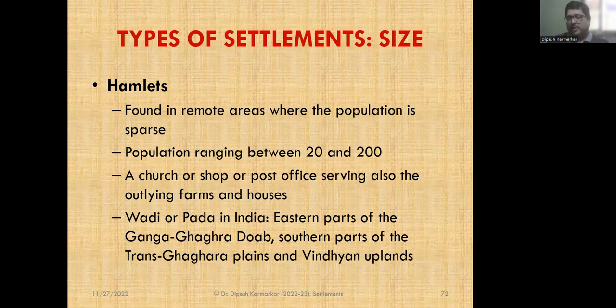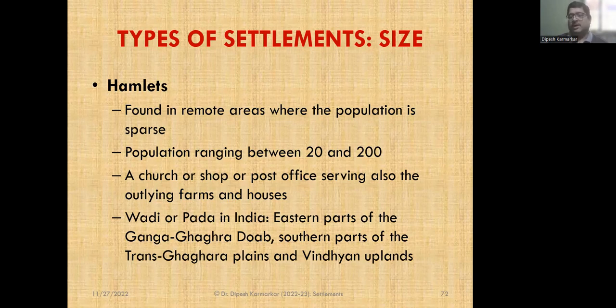Now, because the population is a little more, we find some additional services. So we find a church or a shop or maybe a post office in such hamlets, which will be serving that particular hamlet or a group of hamlets nearby. In India, especially in Maharashtra, we refer to such hamlets as wadis or padas.